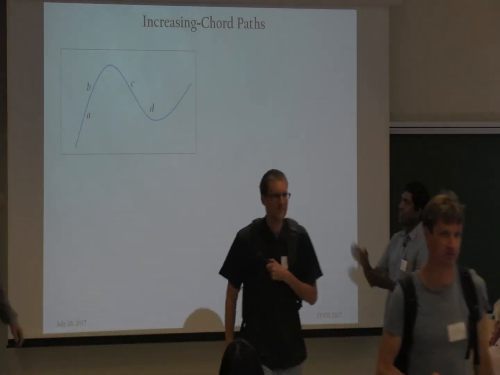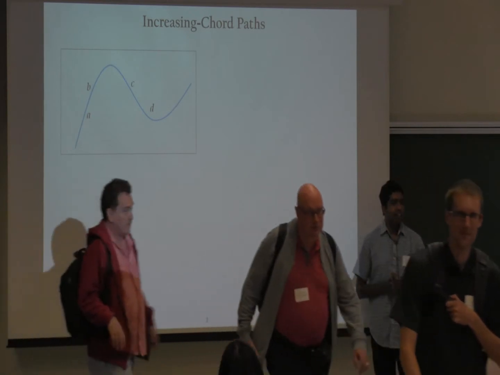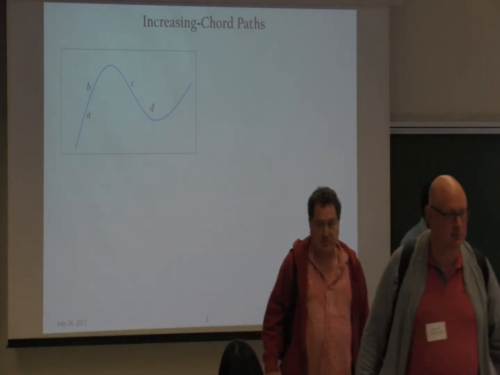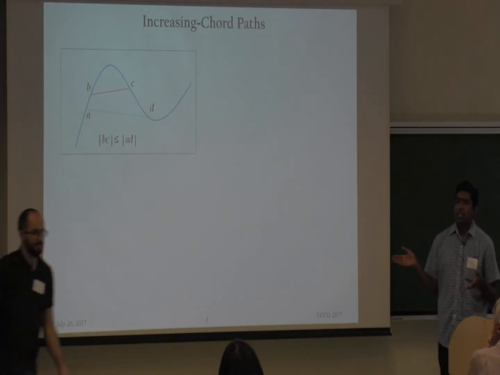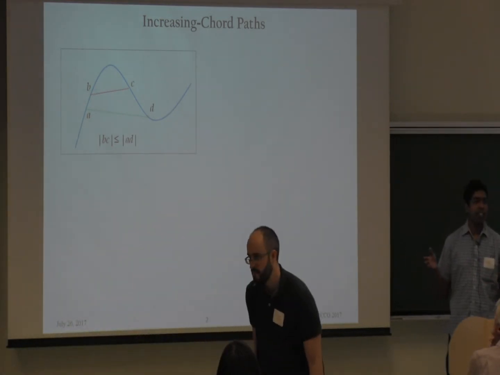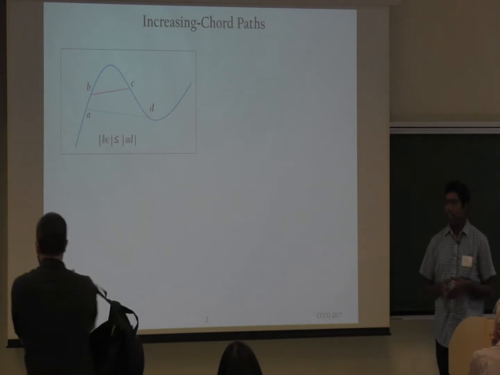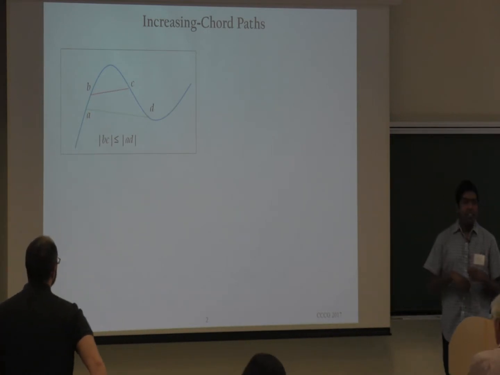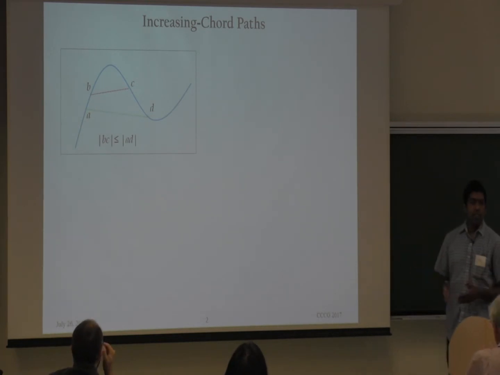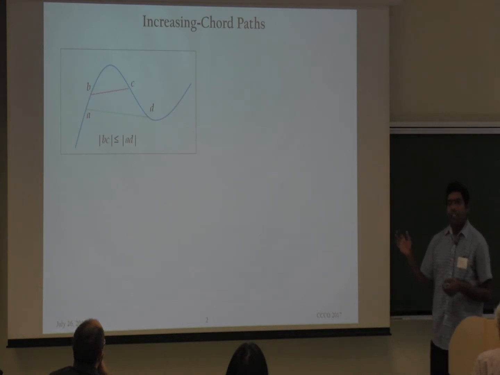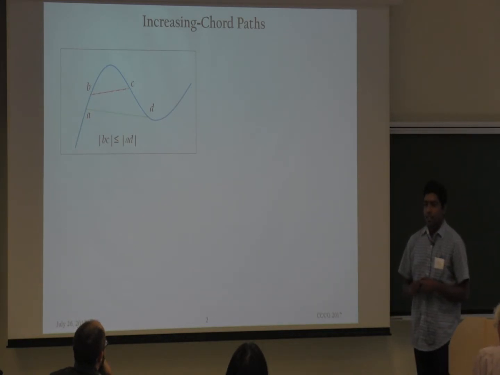Here are my 4 points A, B, C, D on this path, and you see the distance between B, C is smaller than the distance between A, D. By distance I mean Euclidean distance. So, if every 4 points A, B, C, D in this order on this path have this property that B, C has a smaller length than A, D, then I call this an increasing-chord path.